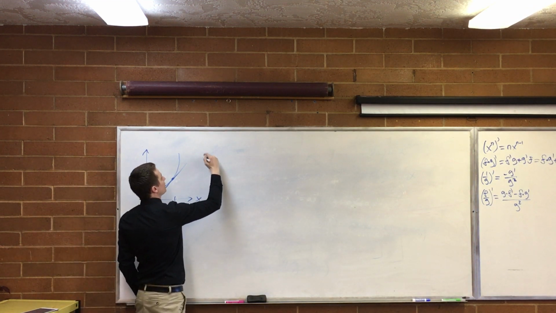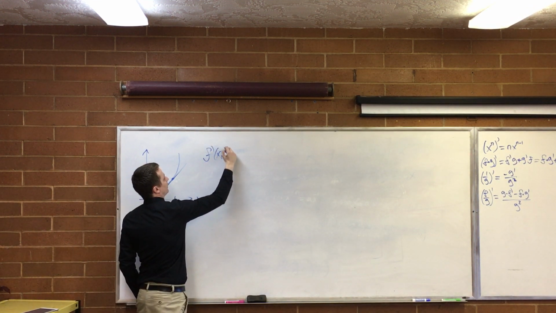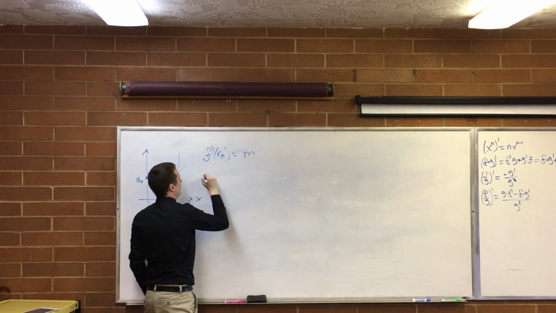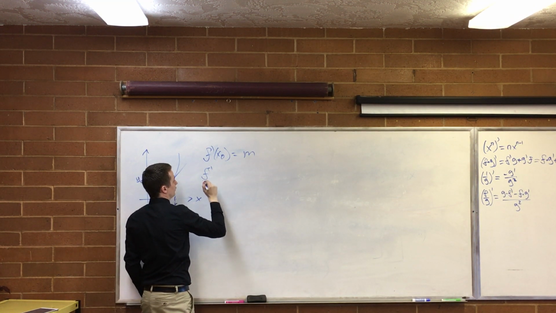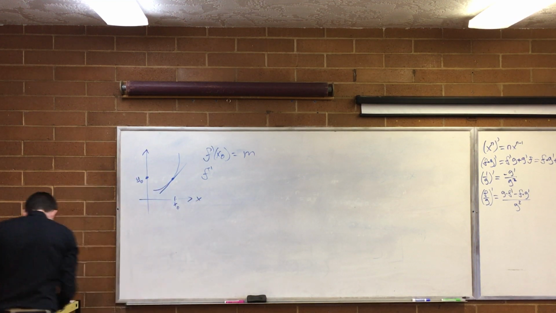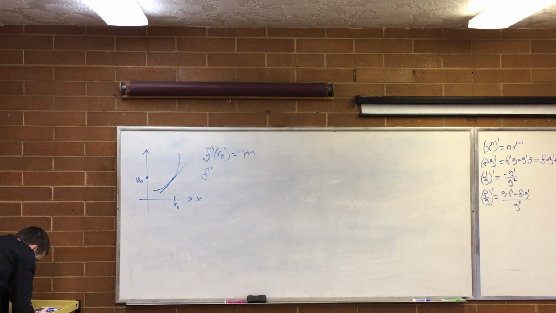If I know that f prime at x naught is equal to n, then f inverse, I'm not sure how to do the prime with it. Just put in parentheses prime.